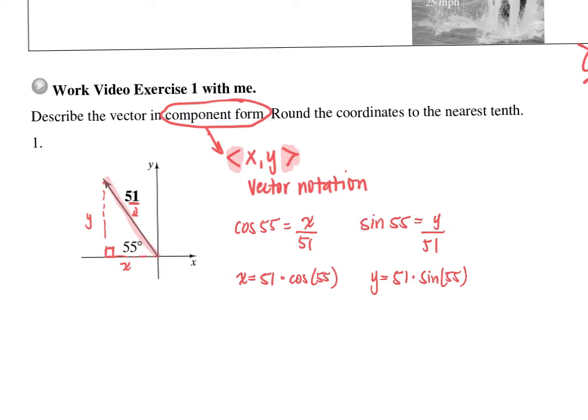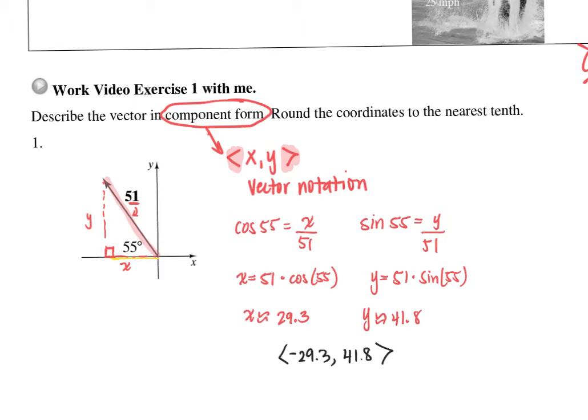So x is 29.3 and y is approximately 41.8. All right, but now you have to take a look and see that this vector is in the second quadrant. So x is negative and y is positive. So in component form, that is <-29.3, 41.8>.